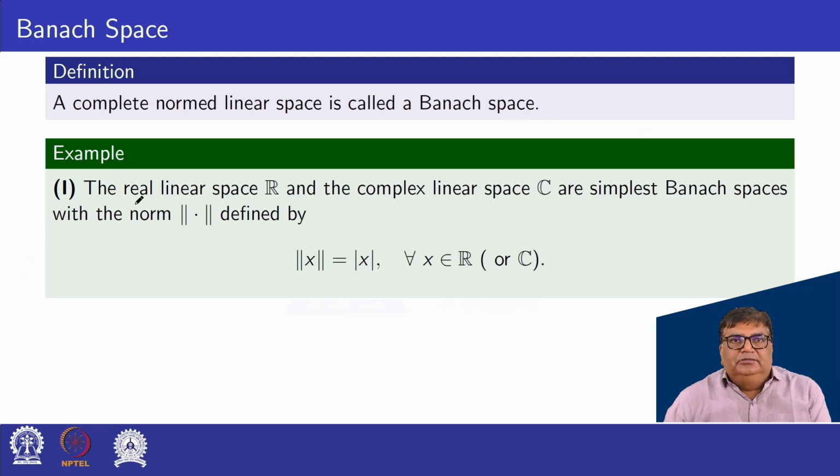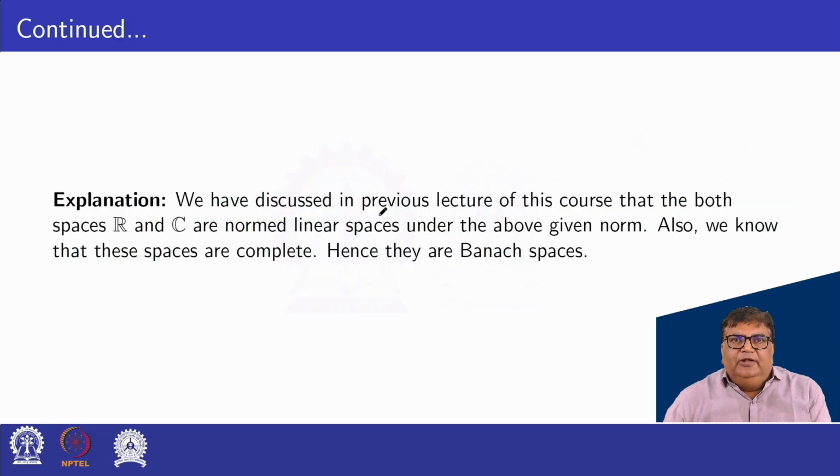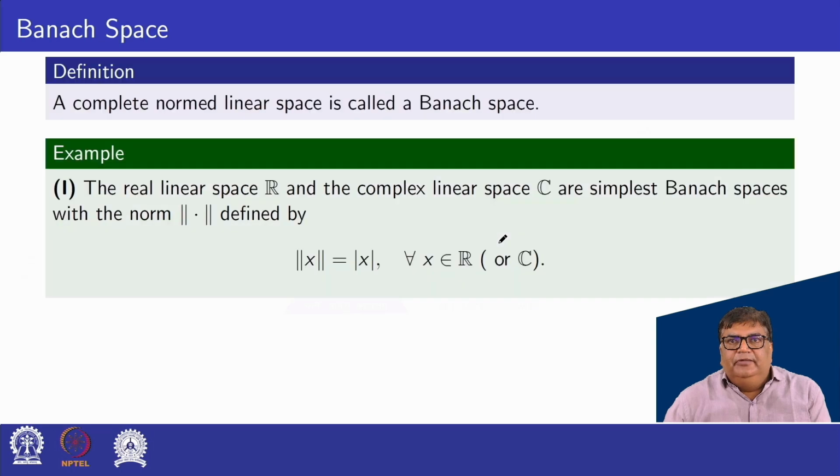For example, the real linear space R and the complex linear space C are the simplest Banach spaces with the norm defined by norm x equal to mod x for all x belonging to R or C. Already we have discussed in a previous lecture of this course that both spaces R and C are normed linear spaces under the given norm.